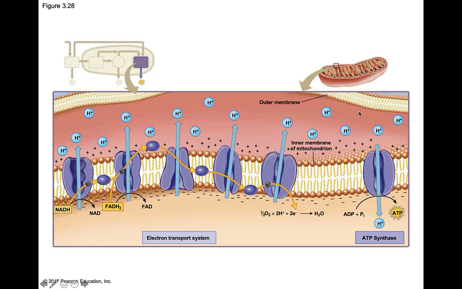Now over here, this is a membrane protein specific to hydrogen ions. It's actually called ATP synthase. So as hydrogen ions move through, the energy associated as they move through is used to make ATP. So that's how we do it.